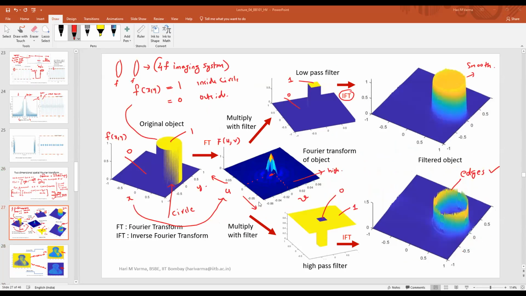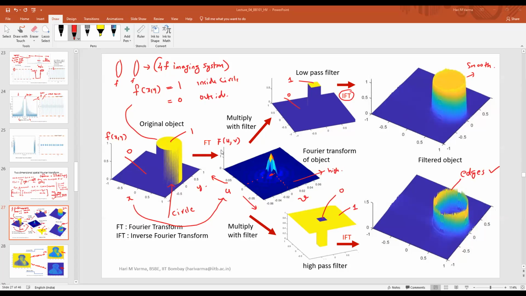And then I can do a low-pass filtering. So if I do a low-pass filtering, basically I am filtering out the high-frequency contents, and only the low frequencies are passed, because it's a filter with 1 in the center and 0 outside. So that when you multiply it, only the lower frequencies will be retained, right? And that will give me a smooth image.